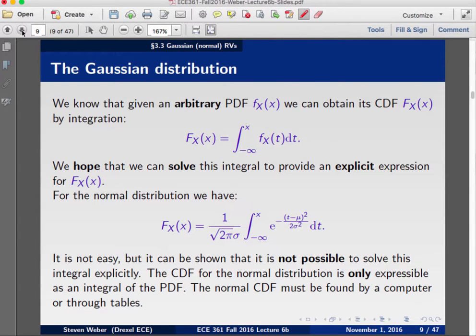Recall some of our discussion from the last few lectures on the relationships between the probability density function, little f sub x, and its corresponding cumulative distribution function, capital F sub x.